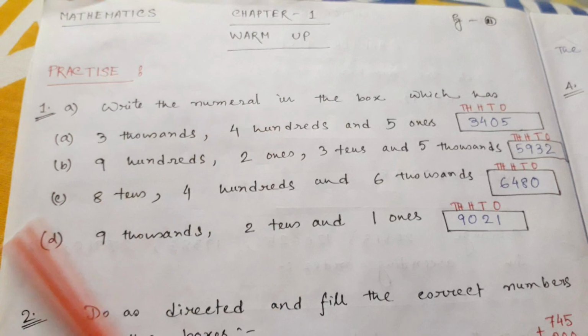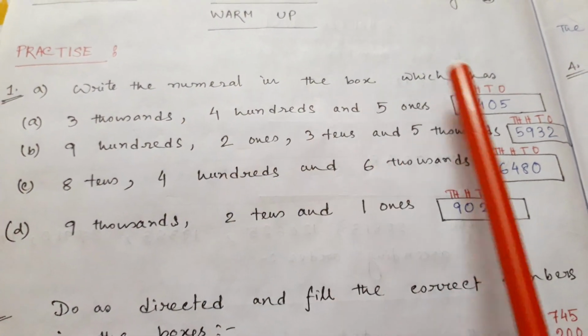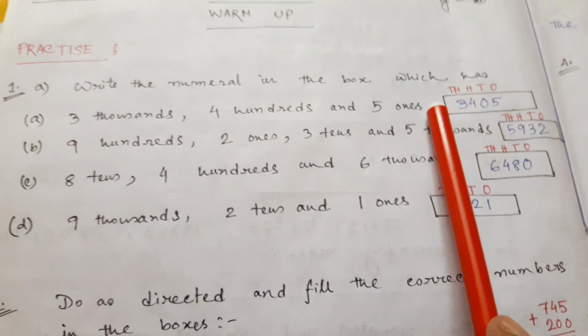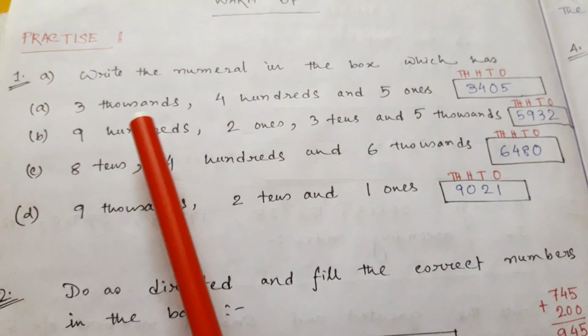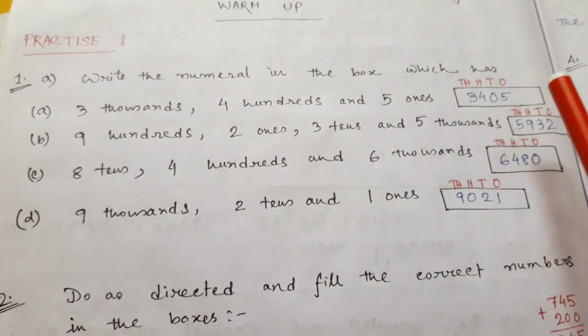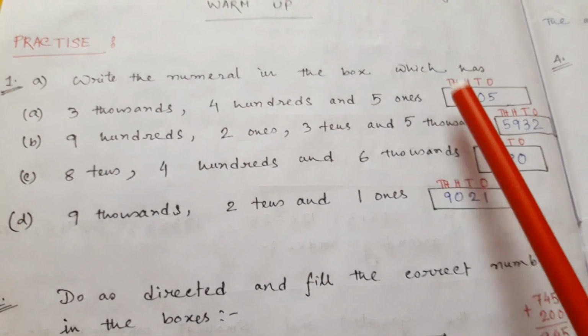Okay, so let's start. First one we have: write the numeral in the box which has 3405 ones. So you have to write the number which has 3405 ones. First just write the places: ones, tens, hundreds and thousands.